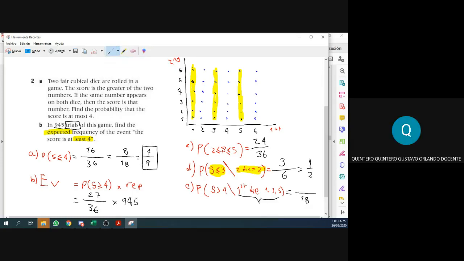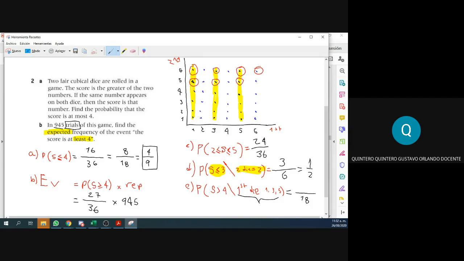Let's see. So this is a good possibility. This is a good possibility. This one over here is not a good possibility. The score will be 4, right? And also the ones down will be lower than 4. So nah, right? This is a good possibility, good one, and good one. Notice how I am only taking into account the ones that are on the condition. Look, this is a good possibility.